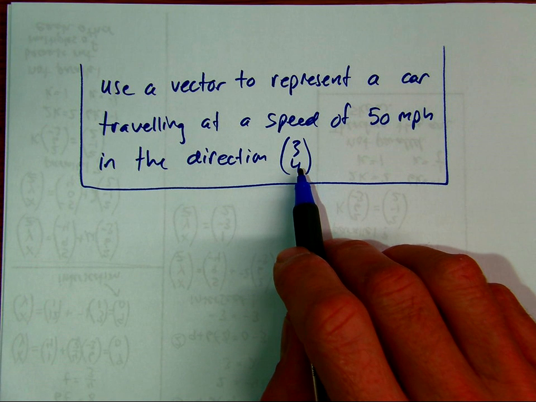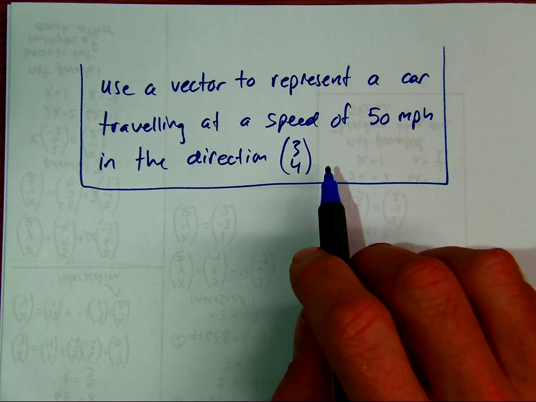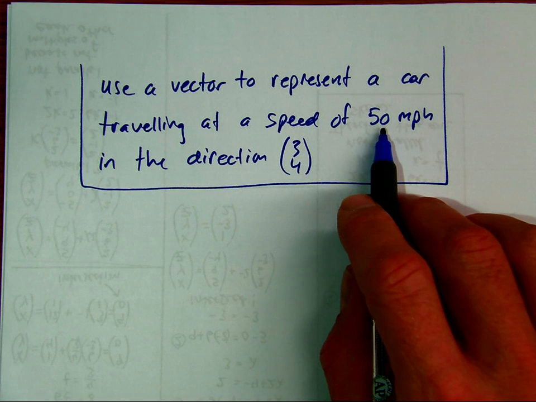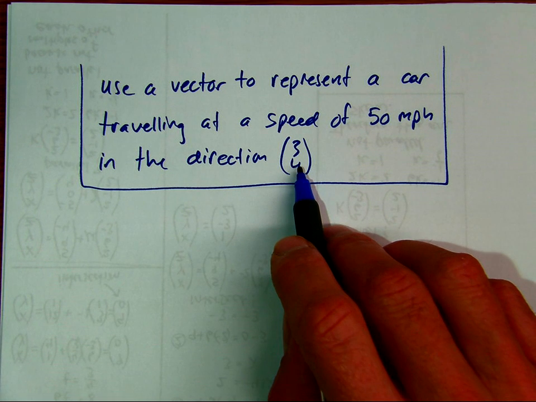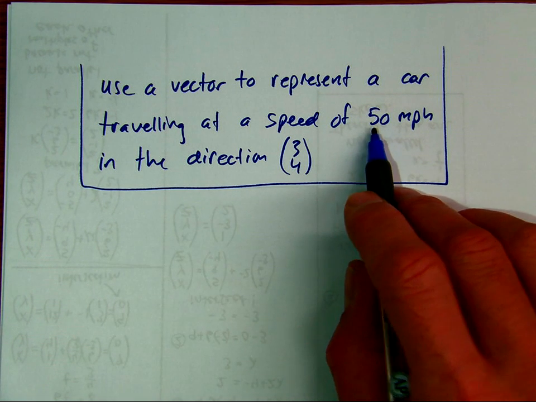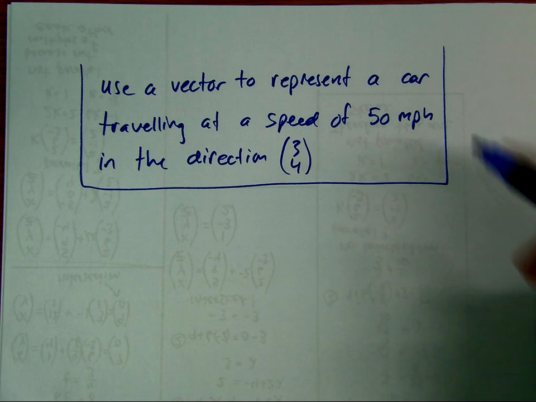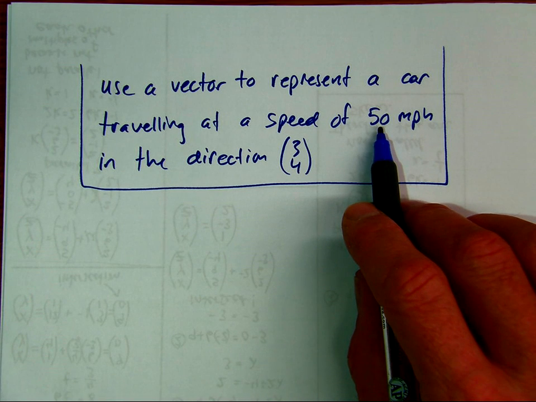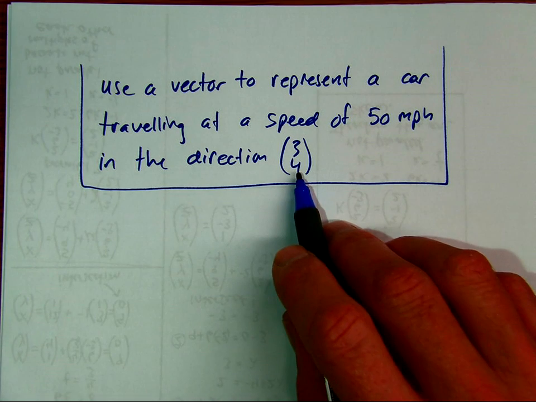When we make this velocity vector of the velocity of the car, the length of the vector has to be 50 units. So what we're going to do is find a unit vector for this and then multiply by 50, and that'll make a velocity vector. This is also called a scalar. A number that's not a vector, it doesn't have direction, is called a scalar, and that's a vector.